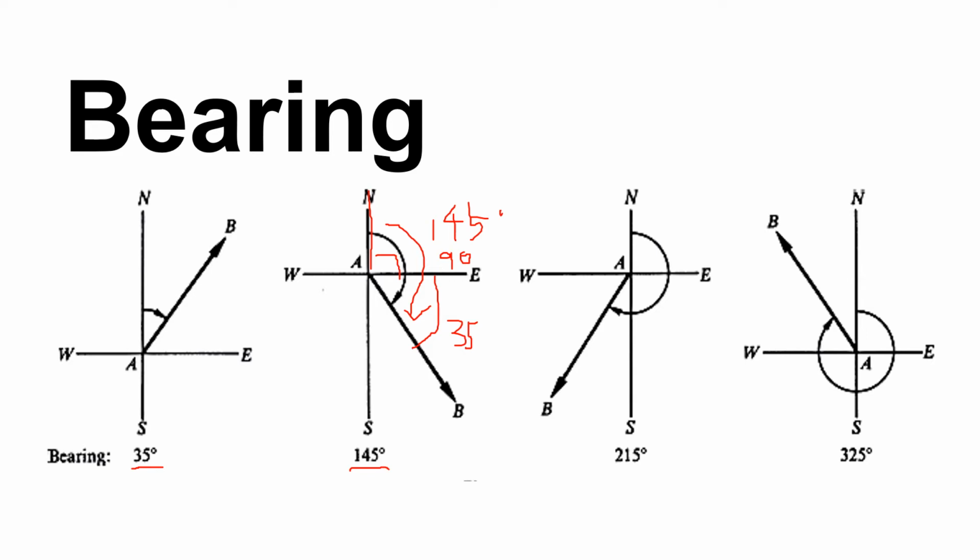Using the same concept, starting from the north, the bearing of B from A is equal to 215 degrees.